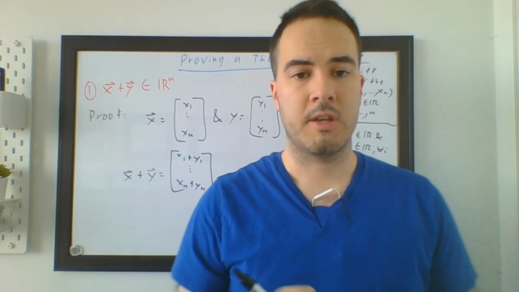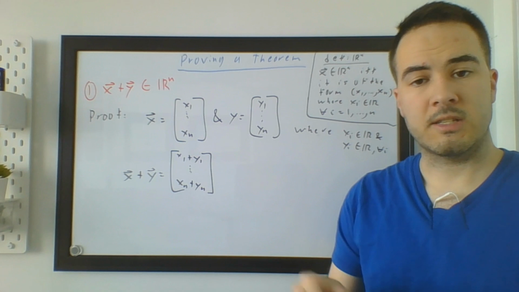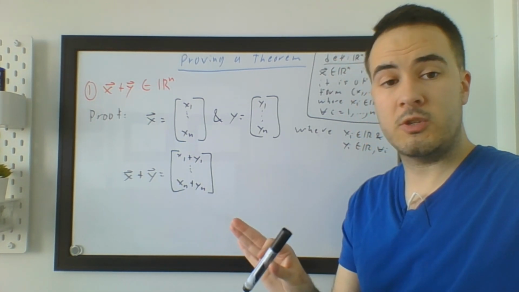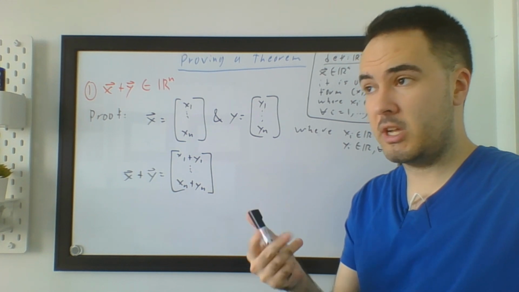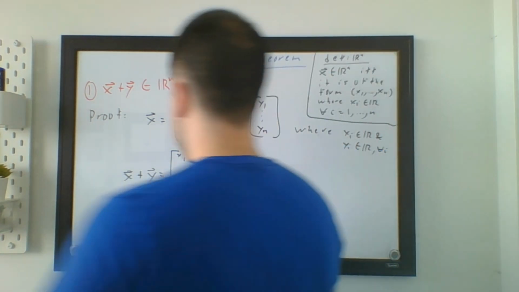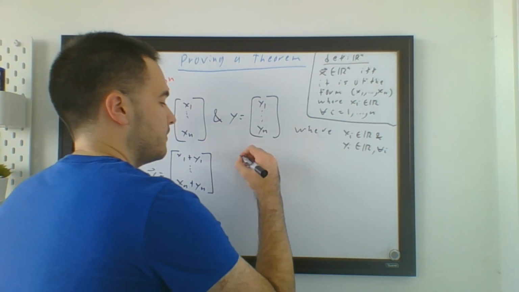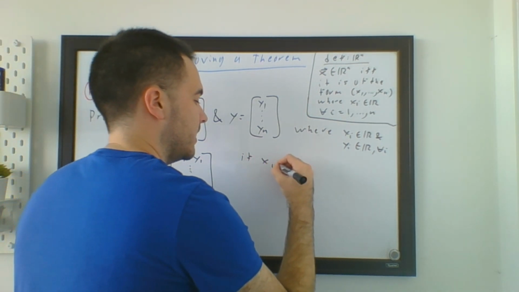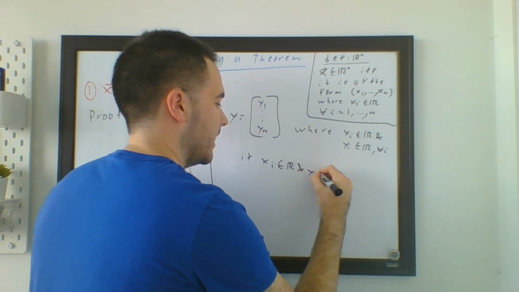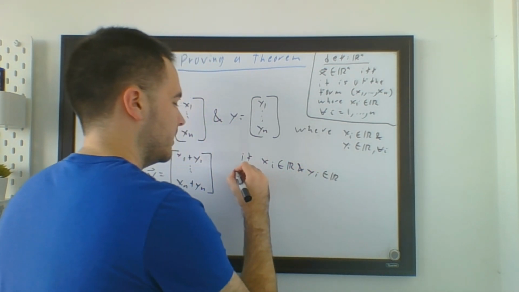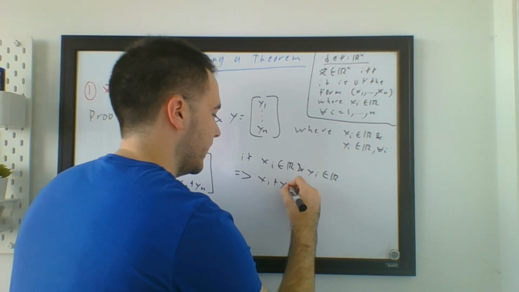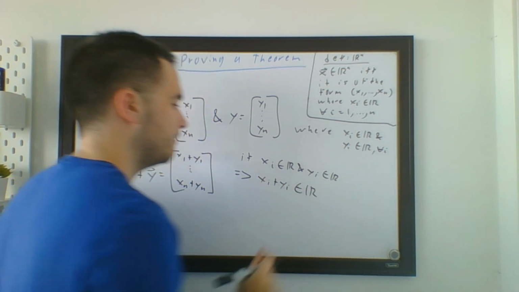Okay, here's where we get to cheat a little bit: when you are doing these proofs, you are allowed to use all of the things you know about addition, multiplication, subtraction, division of just real numbers. So for instance, if xi is a real number and yi is a real number, then this means that xi plus yi is a real number.